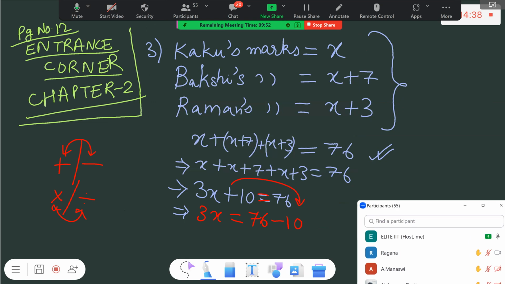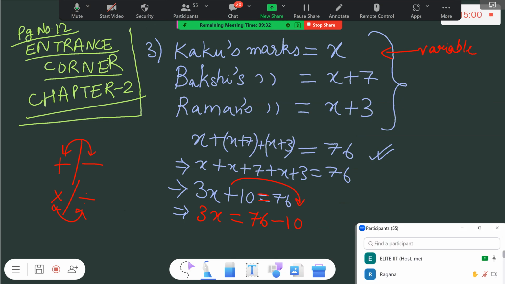What is X called? Variable. It means X is an unknown quantity. We do not know how much marks Kaku got.